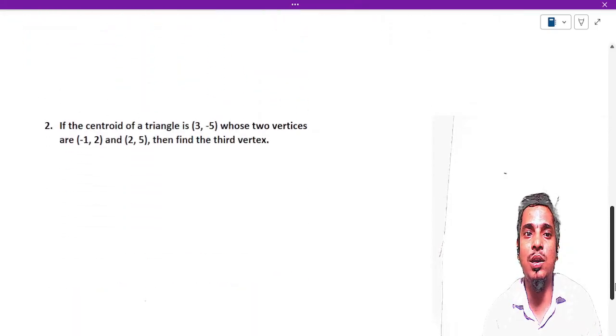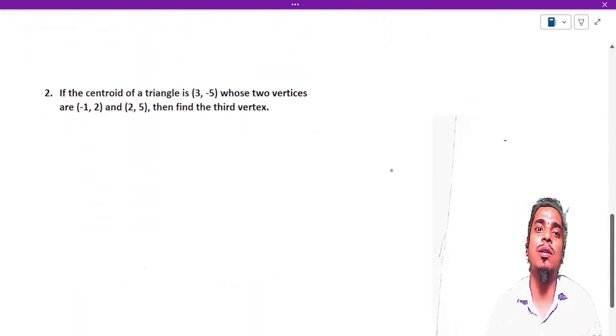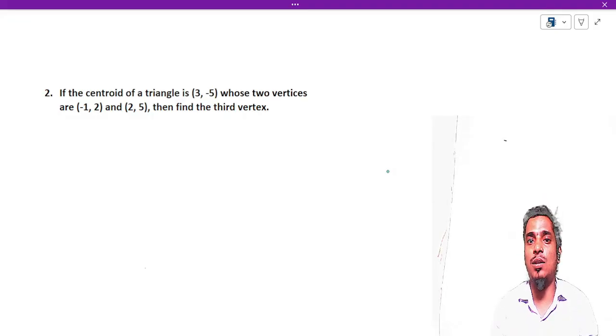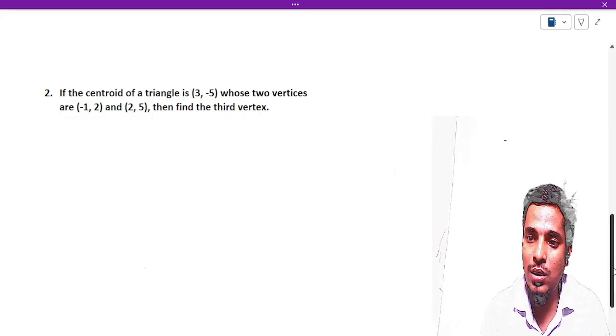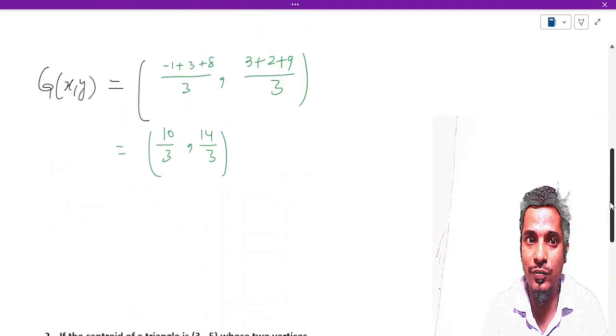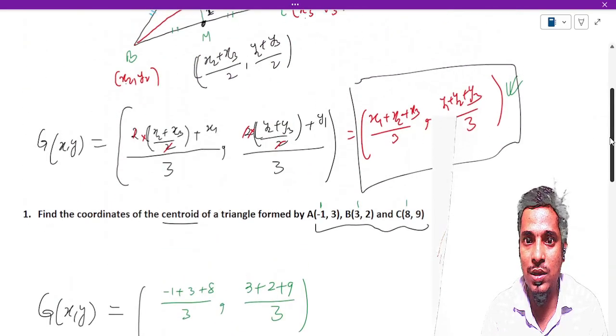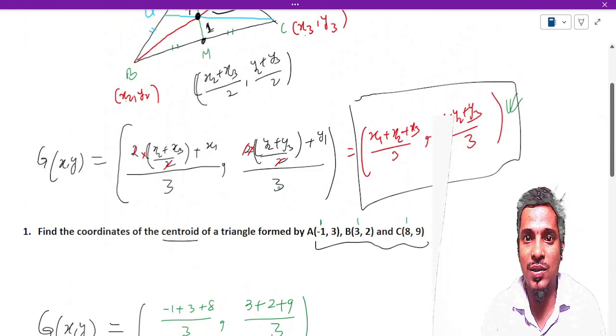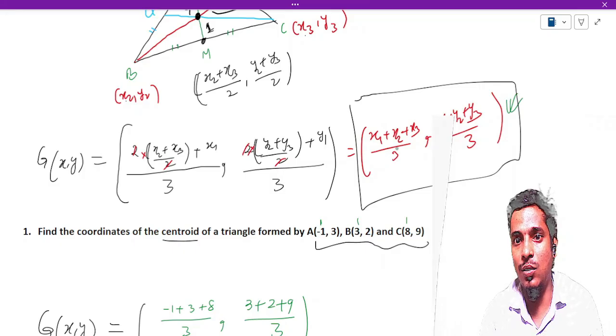Let's try this question. In this, we have given the centroid of a triangle whose two vertices are given, and we need to find the third vertex. So if we look into this formula of the centroid, which is given as G of x comma y is sum of all the x coordinates by 3 and sum of all y coordinates by 3.